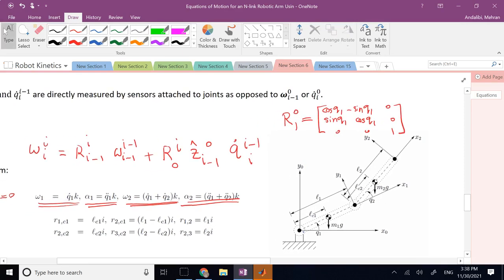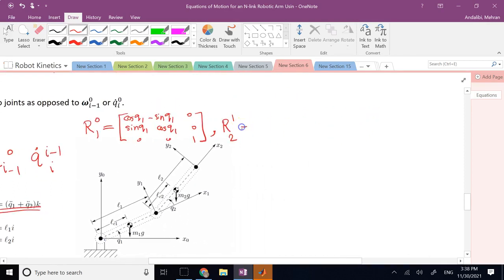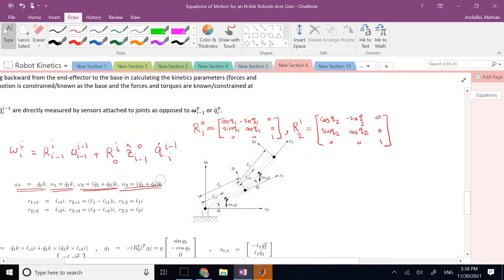And similarly, you have rotation of 2 with respect to 1, which is very similar, except this is going to be Q2.